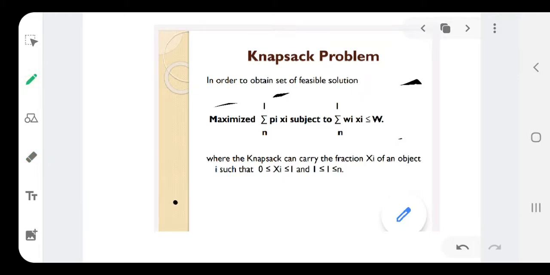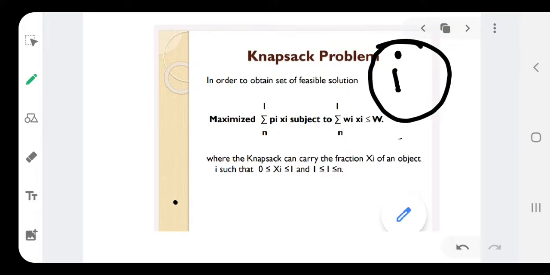The knapsack can carry a fraction xi of an object i such that the xi value lies between 0 and 1, and i ranges from 1 to n, where n is the number of objects we are carrying, and we represent an object with the symbol i.